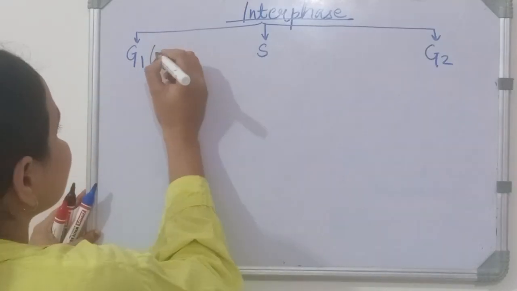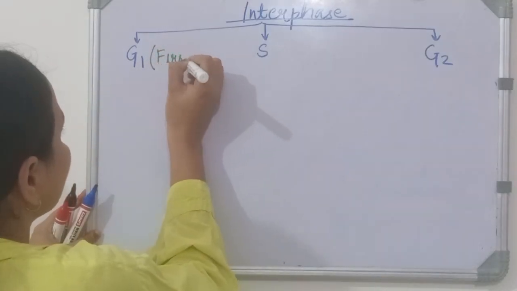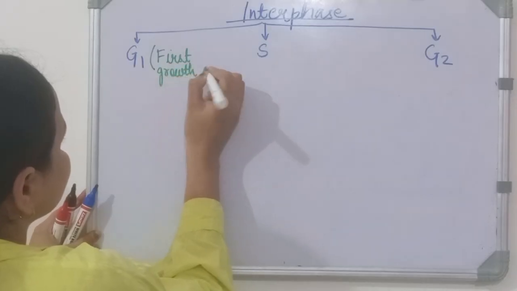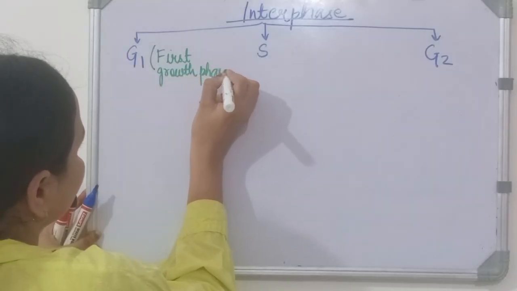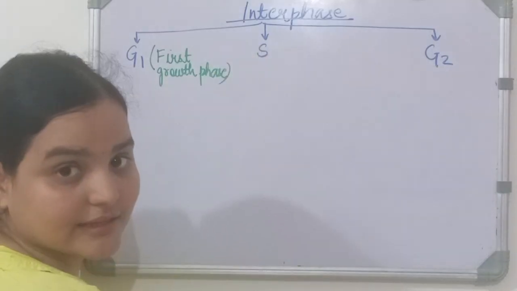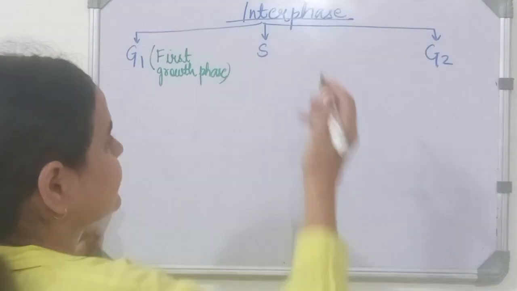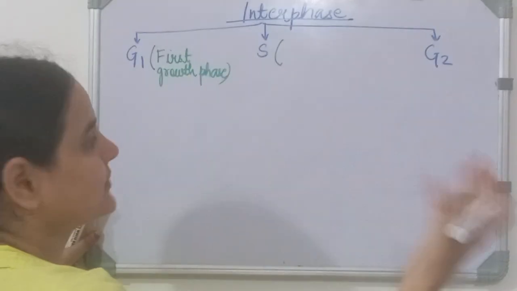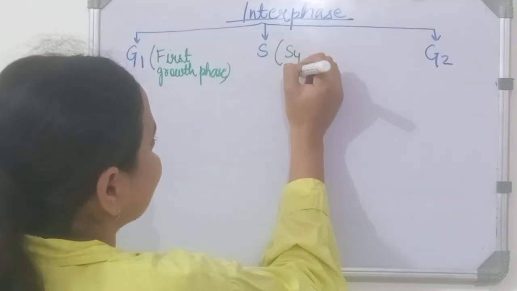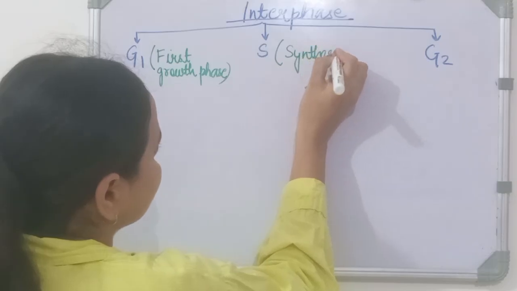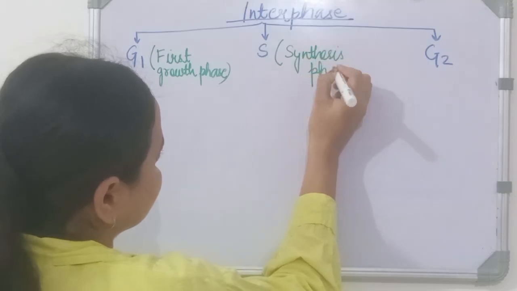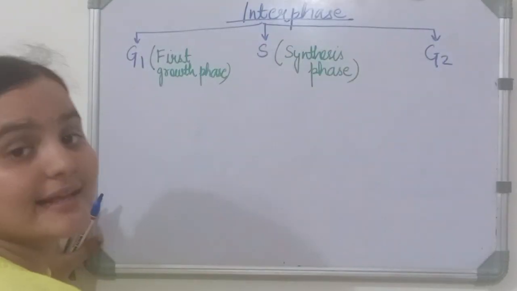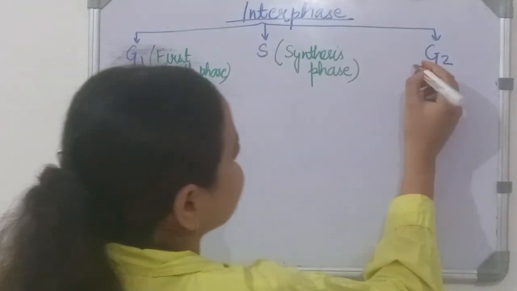Always remember this. This S phase is known as synthesis phase. I will be explaining why they are known as all these phases. Then this G2 is known as second growth phase.